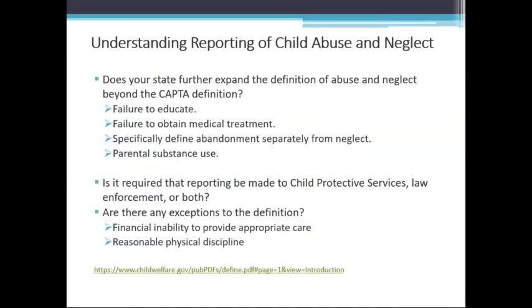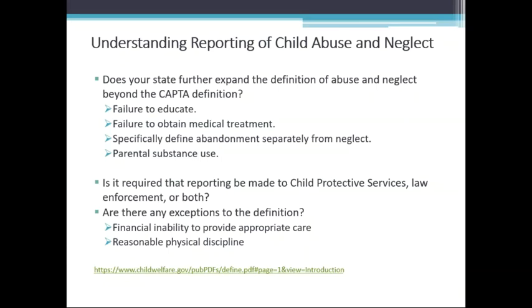So your state may also have a bigger definition of abuse and neglect beyond that CAPTA definition we reviewed. Again, they may add some of those things we just saw on the previous slide related to substance use. They may consider failure to educate or failure to obtain medical treatment as forms of neglect.